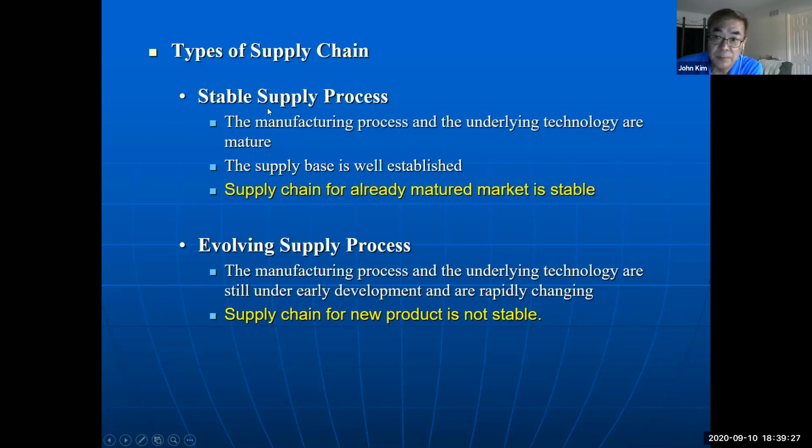In a stable supply process, the manufacturing process and the underlying technology are mature, like an old model, and the market is already mature. In that case, the supply chain for an already matured market is stable.